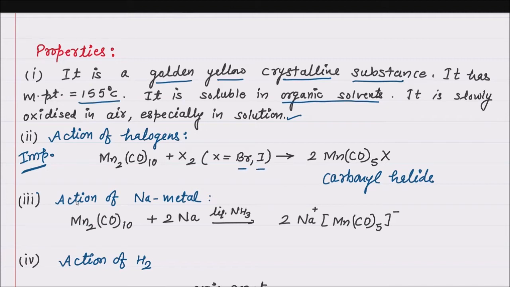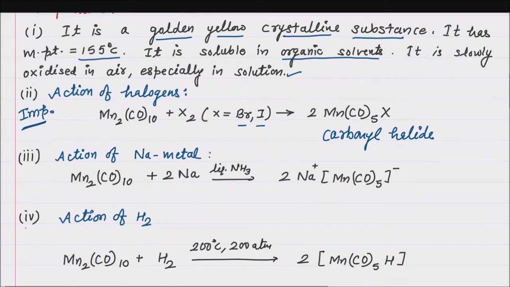Now action of sodium metal. So sodium metal in liquid ammonia converts Mn2(CO)10 into carbonylate anion. In this reaction, what is the oxidation state of manganese in Mn2(CO)10? It is 0.